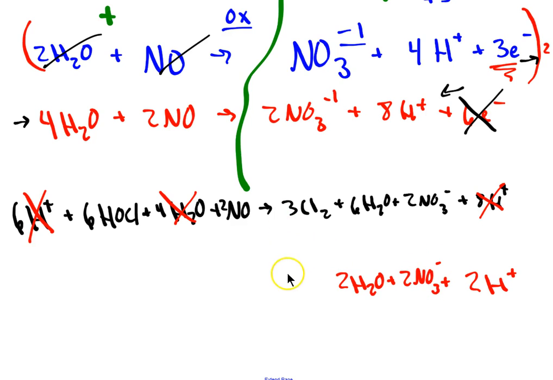Yeah, you definitely can. Okay, then I just write this. And we should be good to go as long as we accounted for everything. 6 Cl, 6 H's, 6 H's, 2 N's, 2 N's, and you've got your 6 plus 2 more is 8. You have 2 plus 6 more is 8. It is balanced.